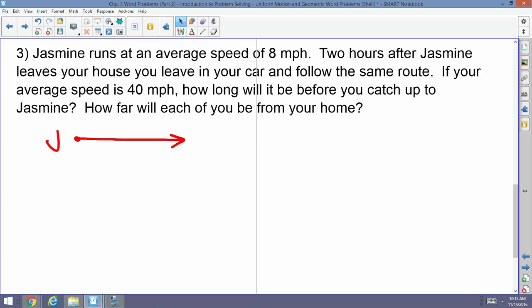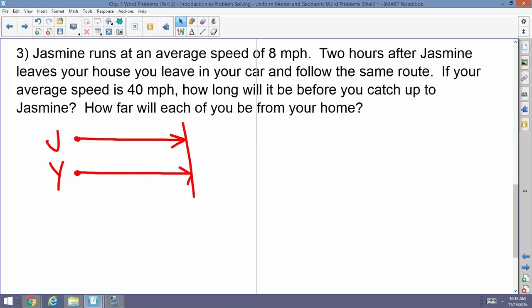Maybe it's your cousin or your sister or your girlfriend or someone. She says, hey, babe, I'm going to go to the park real quick. Pick me up later. Maybe that's the situation that's happening here. So she leaves. She's running. You chill at the house. You're hanging out. And then you leave 2 hours later, but you do catch up to her, correct?